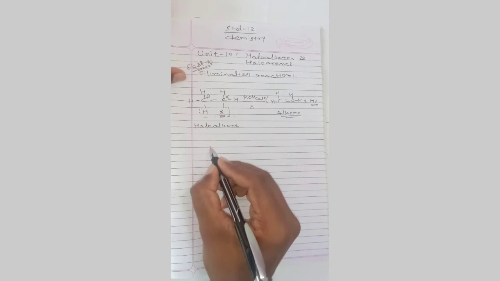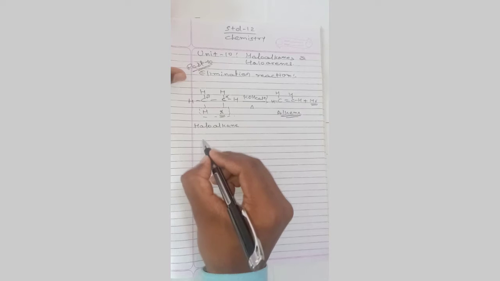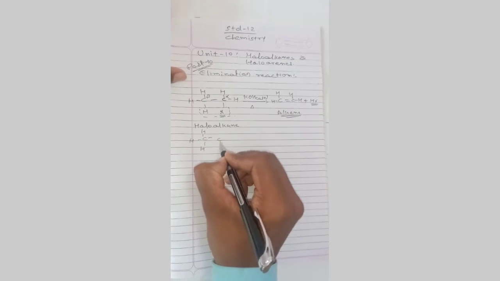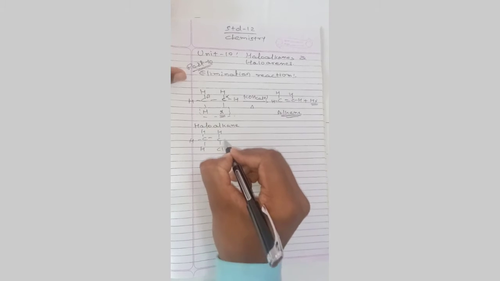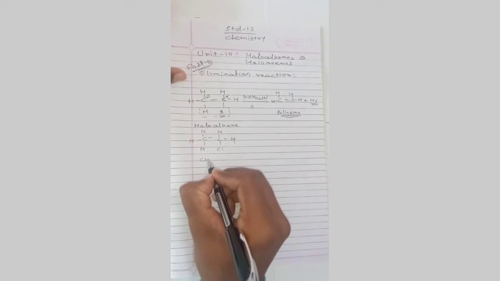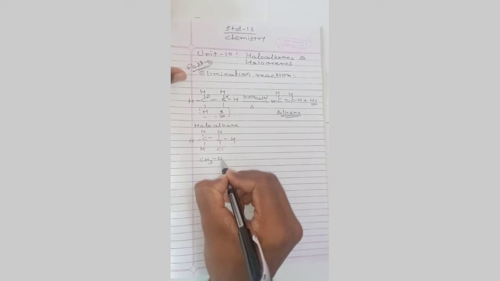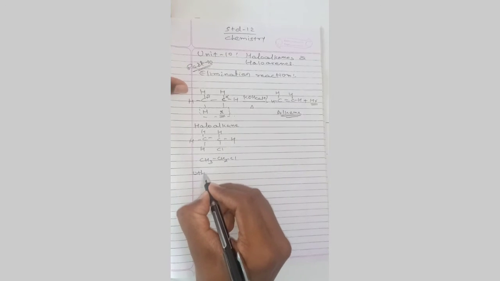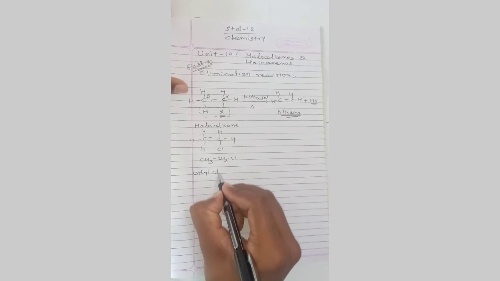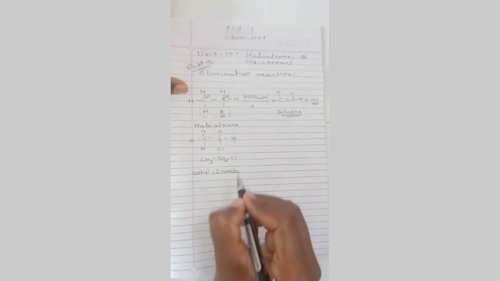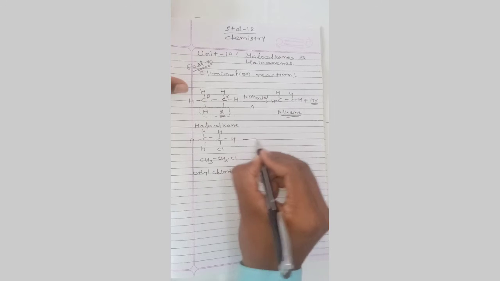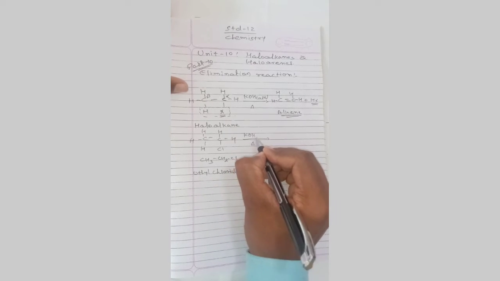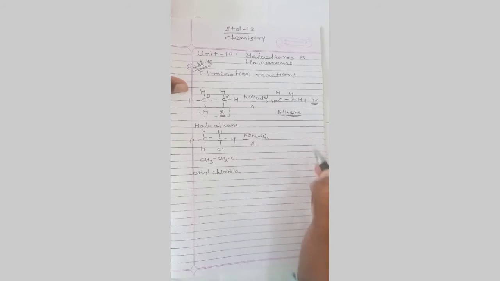Let's see the example. It is called ethyl chloride, CH3CH2Cl. Ethyl chloride is heated with alcoholic KOH.